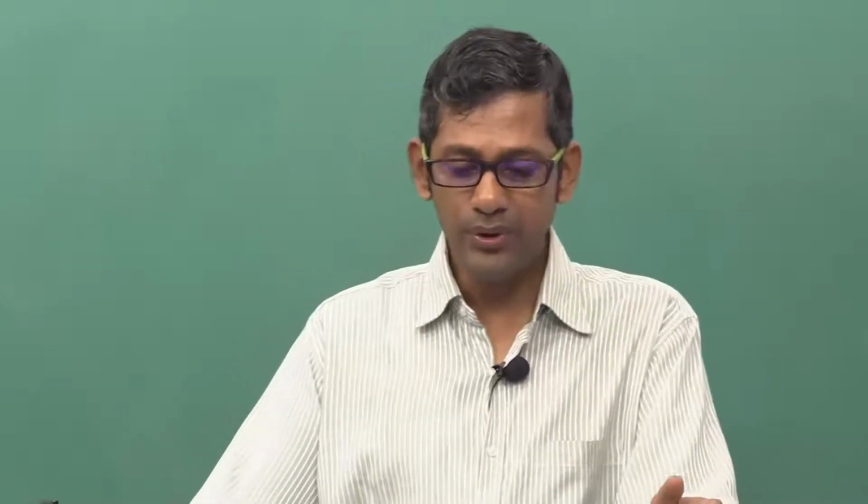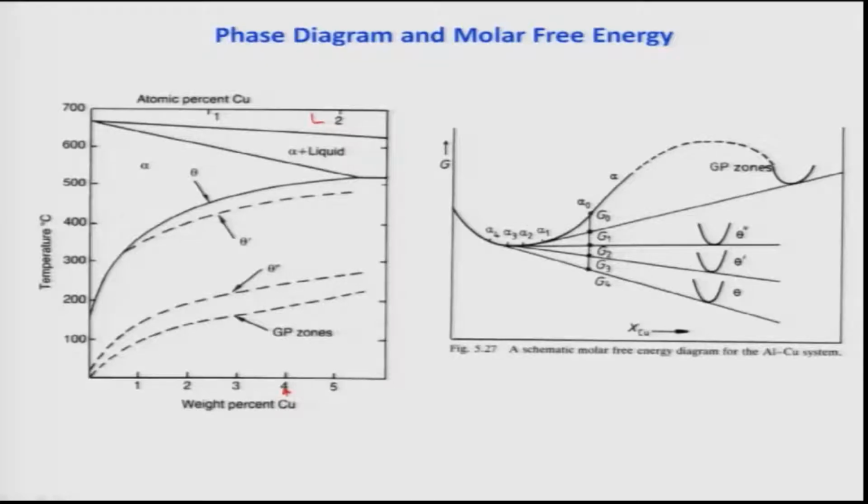Now suppose I draw a vertical line here at about 4-8% copper. What is normally done in age hardening? Let us first discuss that. What is normally done is that this aluminum alloy, that means it has about 4-8% copper and the rest aluminum, is heated in the temperature range of about 500 to 550 degrees Celsius and kept for a certain time.